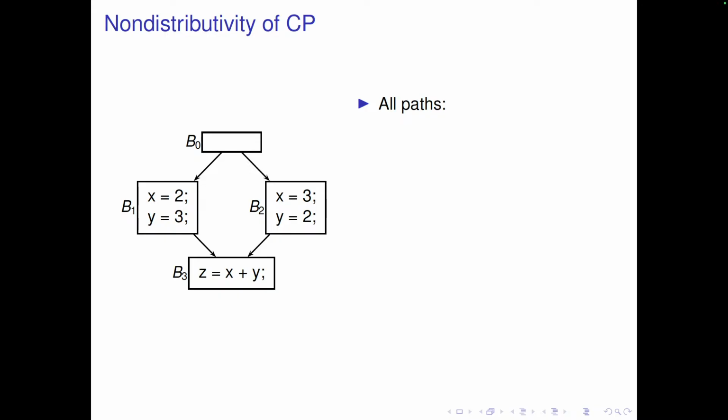So what is the situation at out of B1? x will be constant 2. Out of B2, x will be constant 3, and out of B3, x will be not a constant, clearly, because sometimes it is 2, sometimes it is 3, depending on how you execute the program.